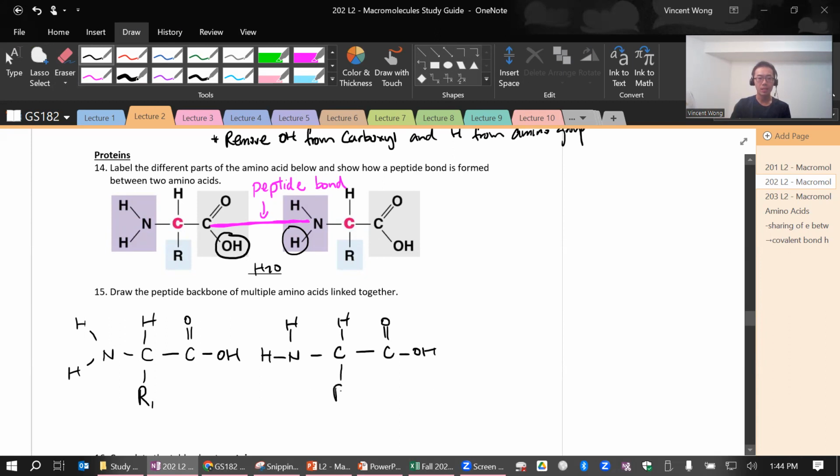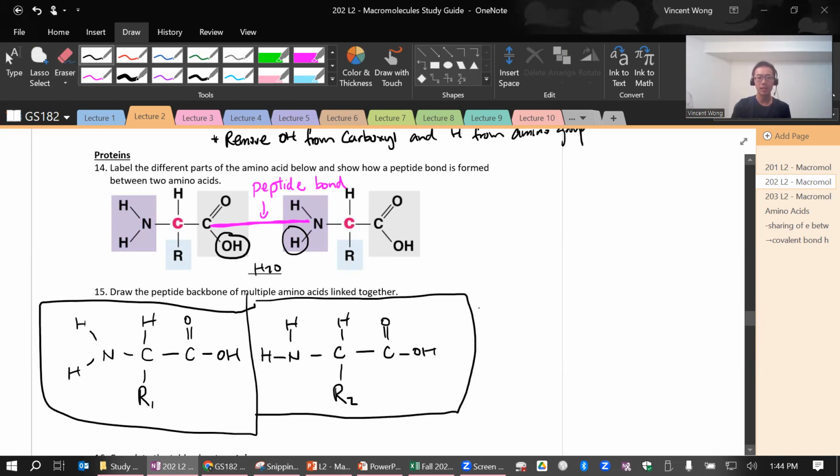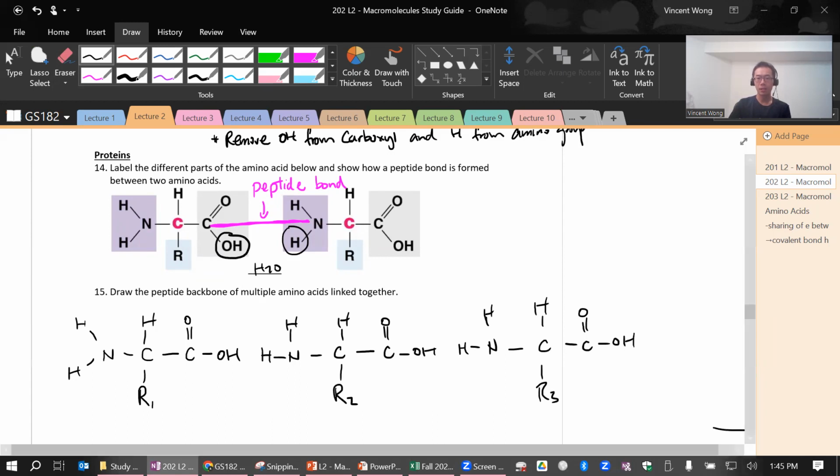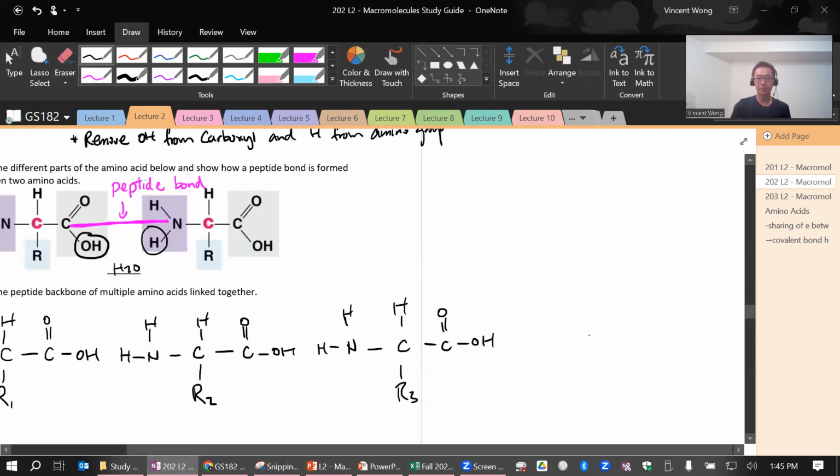So this is R number 2. So you see, this is the first amino acid. This is the second amino acid. I'm gonna draw a third amino acid.